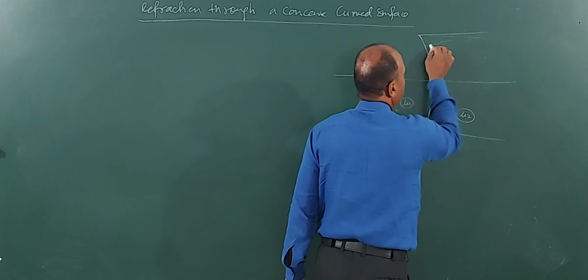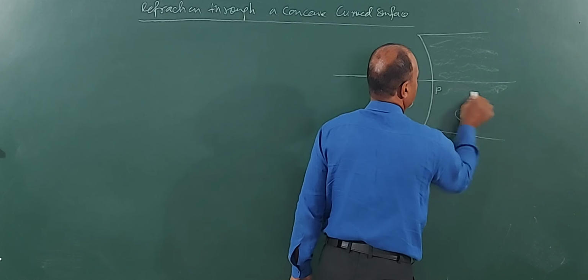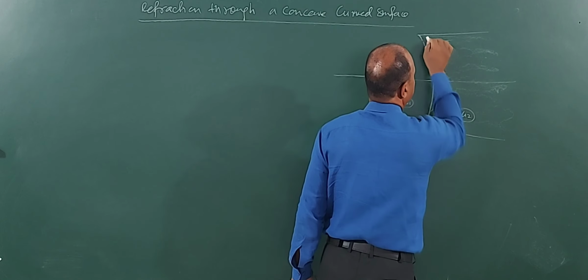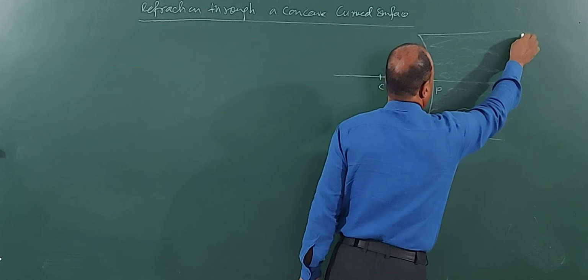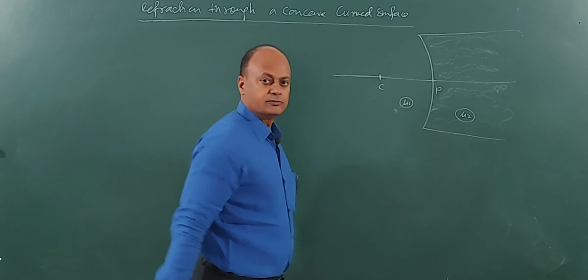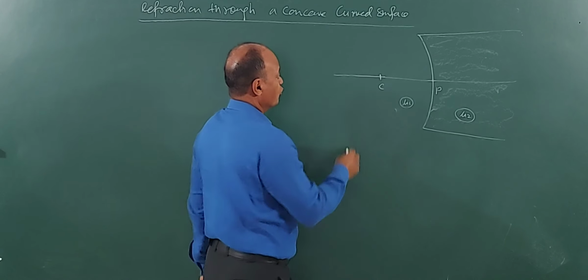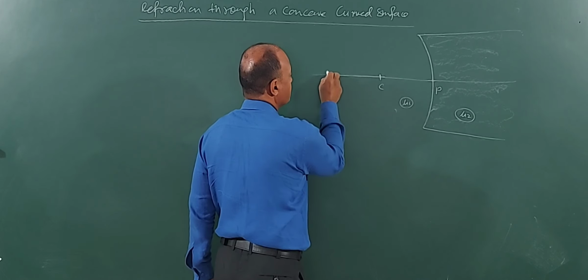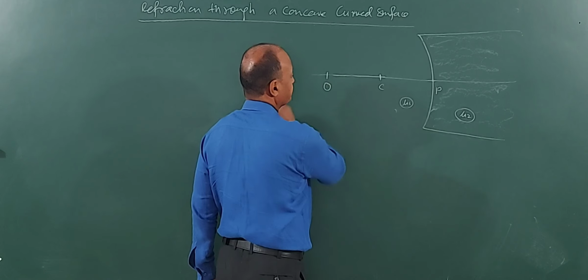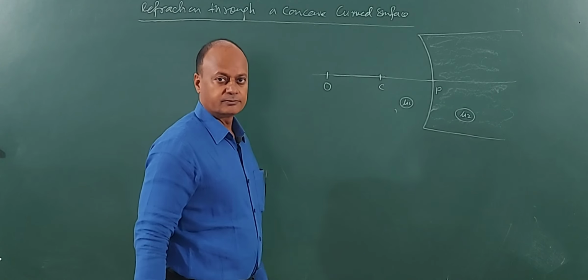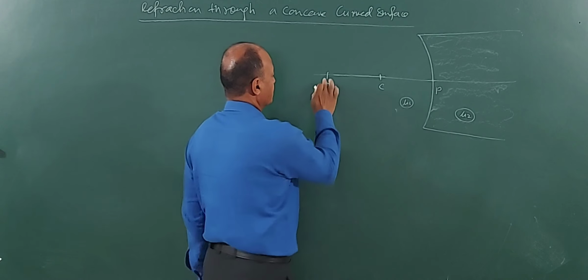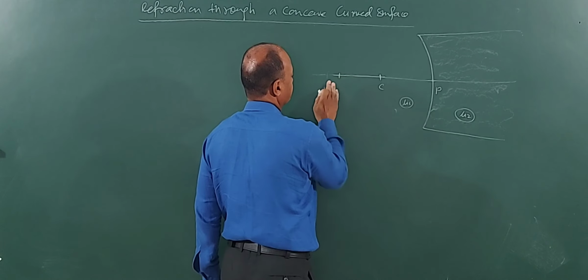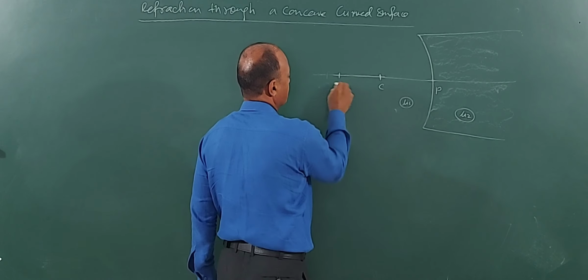Now this is your concave refracting surface. The object is O, which is here. I can take it closer here, the diagram will be more compact.